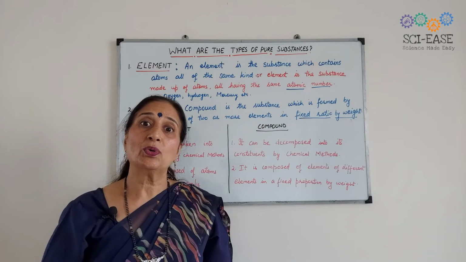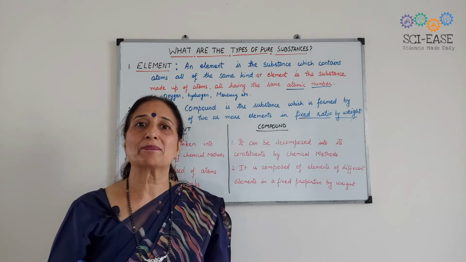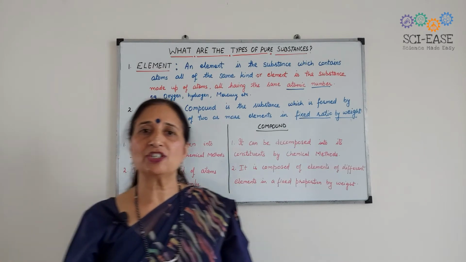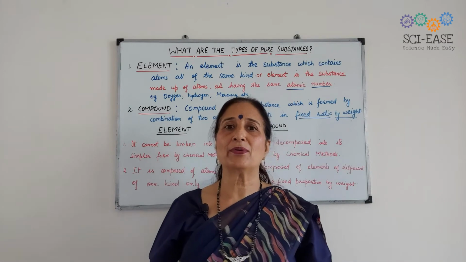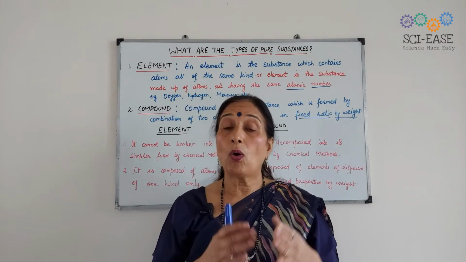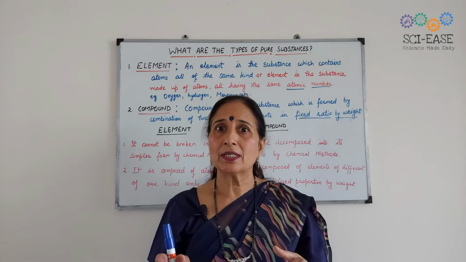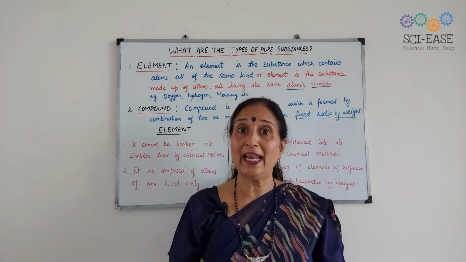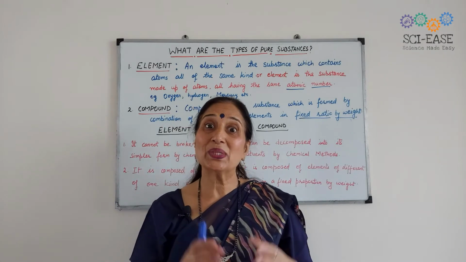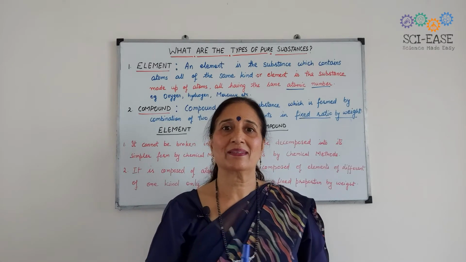You can't change the formula of the substance. So there are many compounds: calcium carbonate, calcium hydroxide, sodium carbonate, sodium bicarbonate. All these are formed by the combination of the elements in the fixed ratio. So these are the compounds.